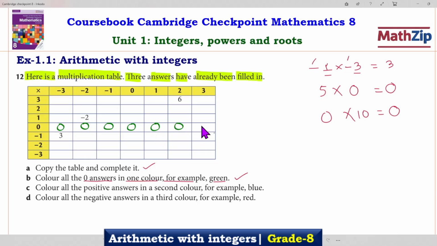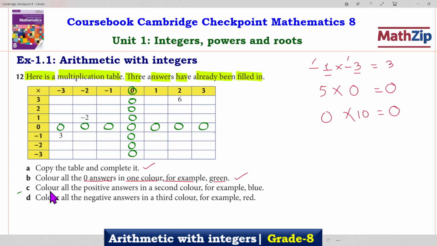Okay, and what next? Here is also 0. So 0 times 3, it should be 0. Here is 0, here is 0, here is 0. So our first part is done. But we have not completed the table yet, we will complete it one by one.